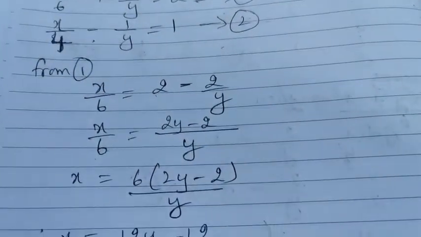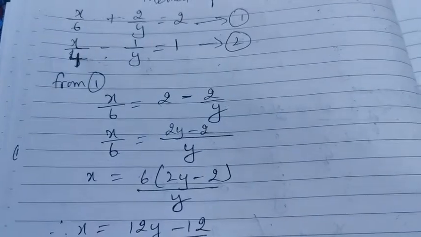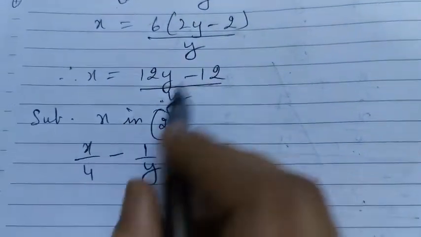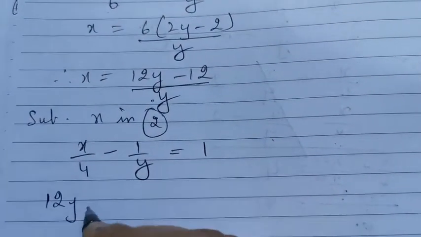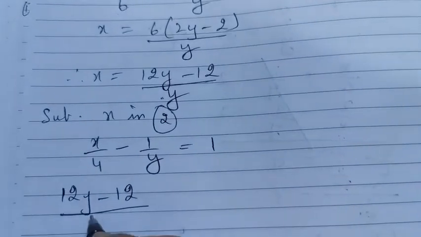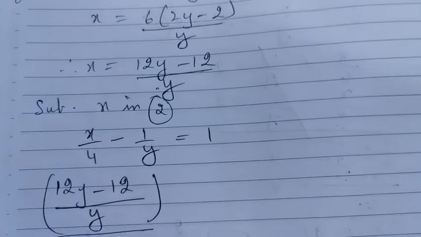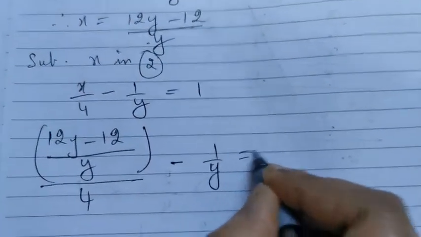What is my equation 2? x by 4 minus 1 by y is equal to 1. Now the value of x is 12y minus 12 by y, divided by 4, minus 1 by y is equal to 1.